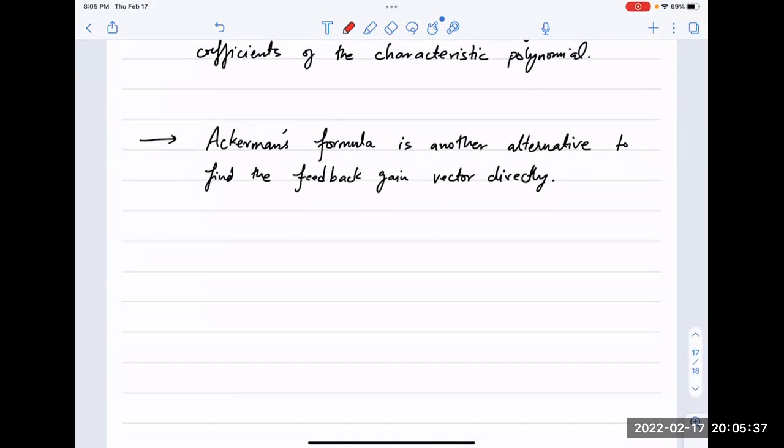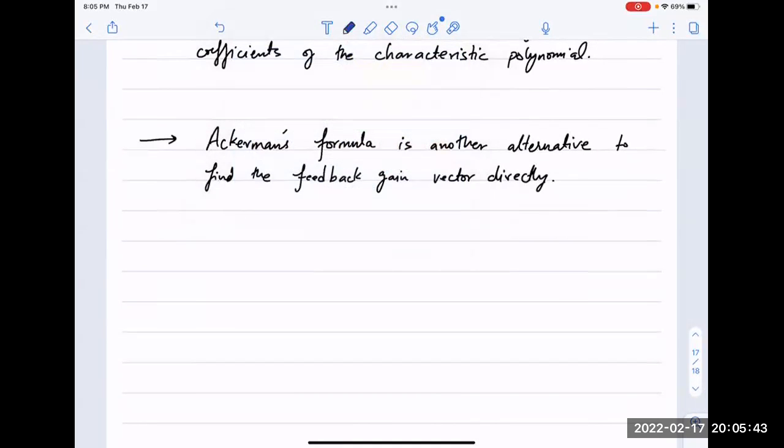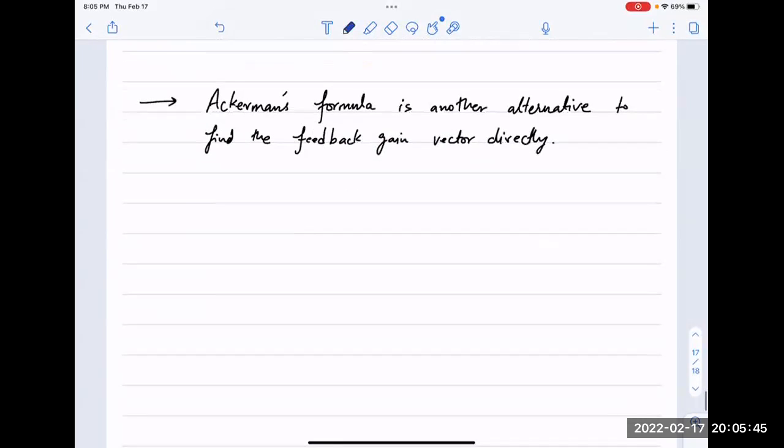Now, in a transfer function, you may have pole zero cancellations, but that does not change the characteristic polynomial. I'll give you an example.